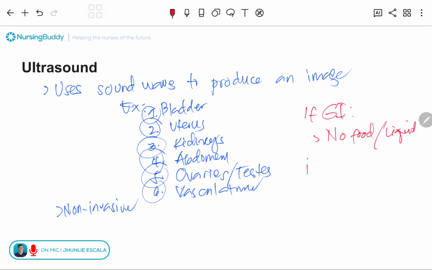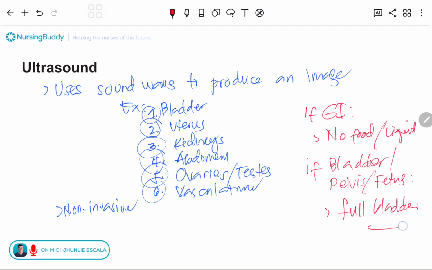Kapag bladder naman po, or if we're scanning for pelvis or for fetus, just like in your OB cases, class, dapat full bladder. Tandaan po natin yan. Okay? So, that's it, kapatid. Okay, that's it for your ultrasound.